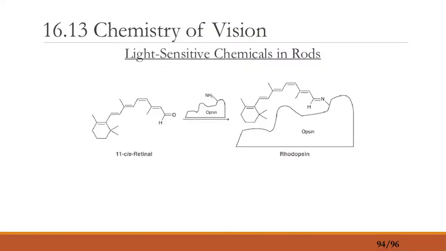So technically, we already talked about how vision works in our eyes, because we talked about the isomerization of a cis double bond to a trans double bond in the cones of your eye.